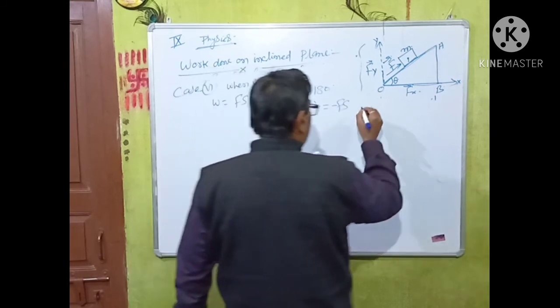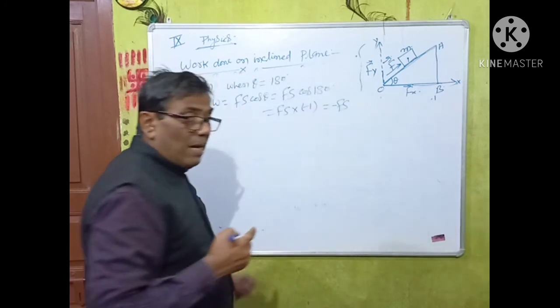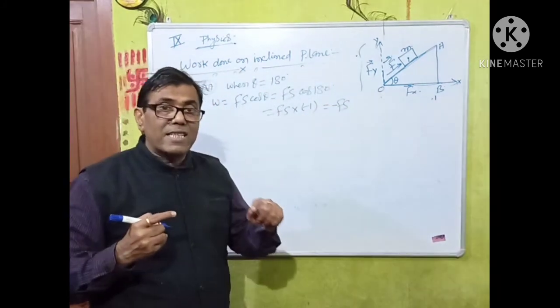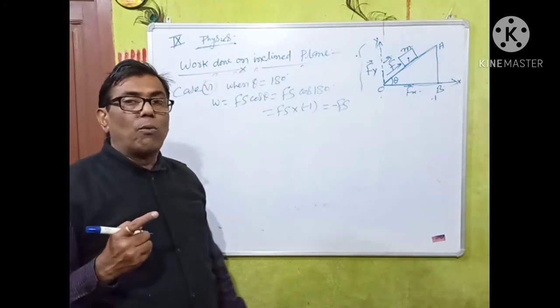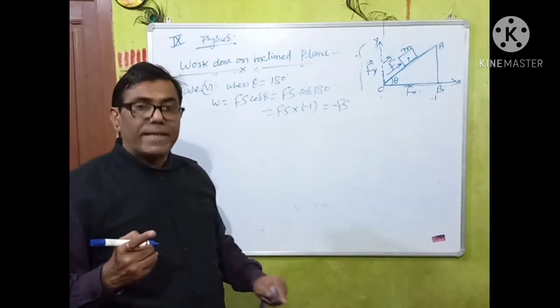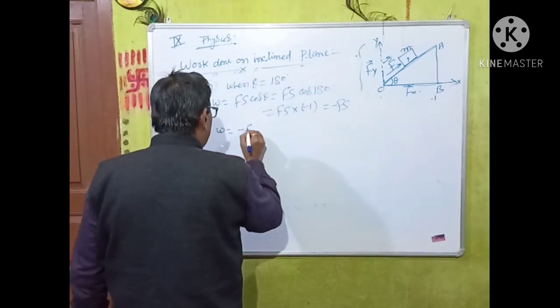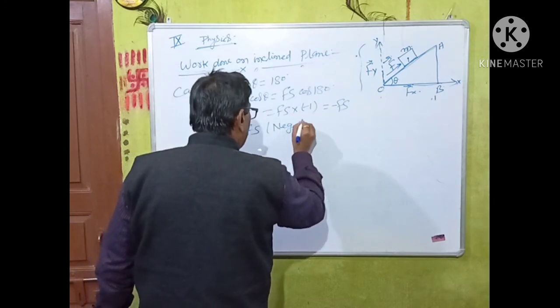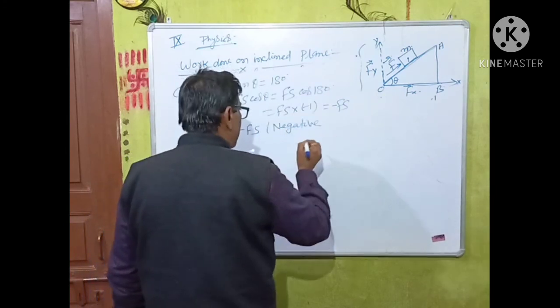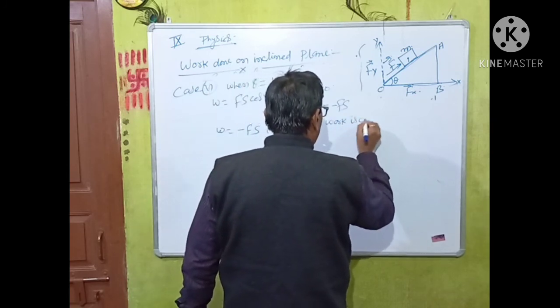This means negative work is done, because when the angle increases from the right angle to 180 degree, work done is negative. So here W is equal to minus Fs, meaning negative work is done.